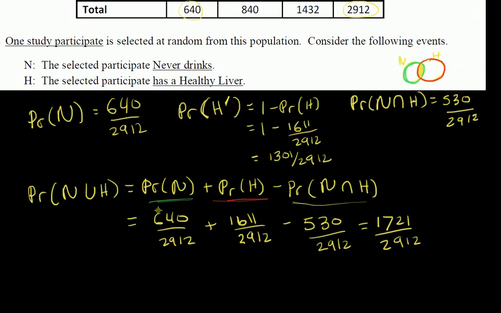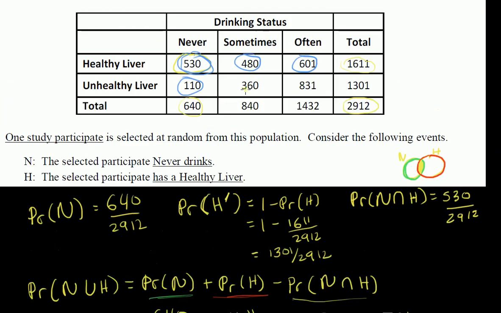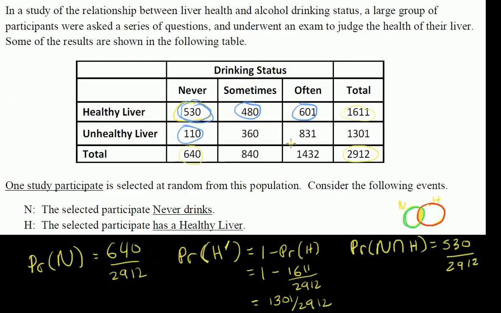Okay? All right, let's do one more like this. What if we were asked the probability of never drinks given that you have a healthy liver? You are not part of this entire group of people. It's given that you have a healthy liver, so you are one of these people.